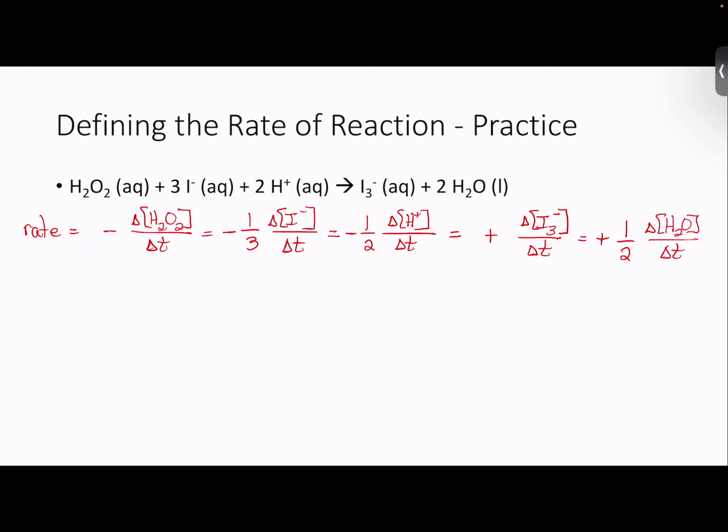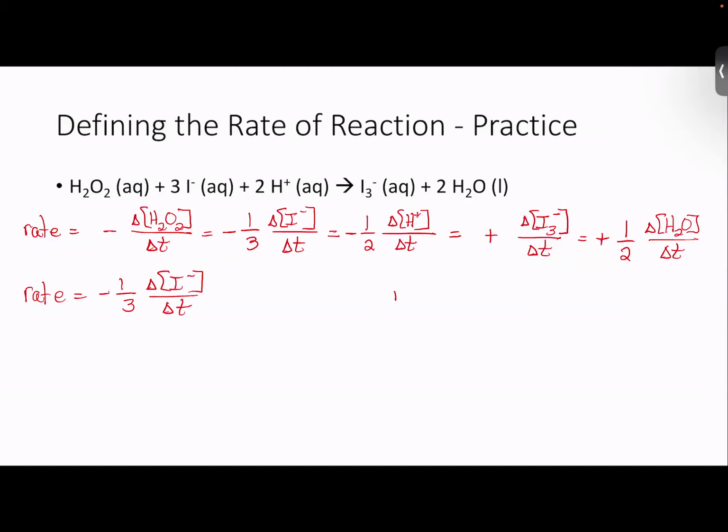Now, folks, just because I've written out this huge equality, I can take any two pieces of this equality and set them equal to each other. So my rate could be equal to -1/3 of the change in the iodide concentration over a change in time.